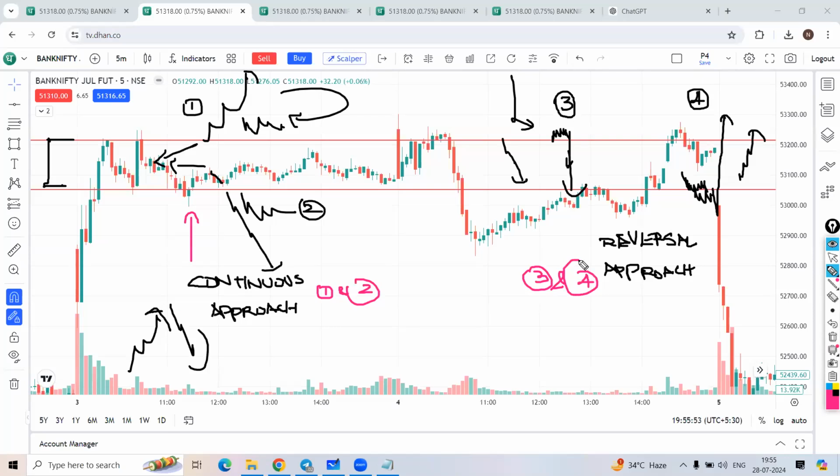So by these 4 ways, my actual goal of trading in a direction, whether it is achieved or not, yes or no. In all these 4 ways, continuous approach, reversal approach, by using all these 4 ways, my goal of trading in the direction is achieved.